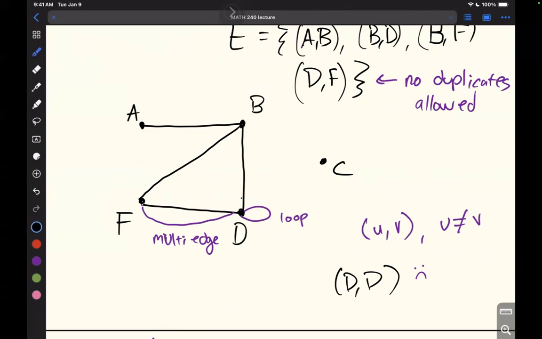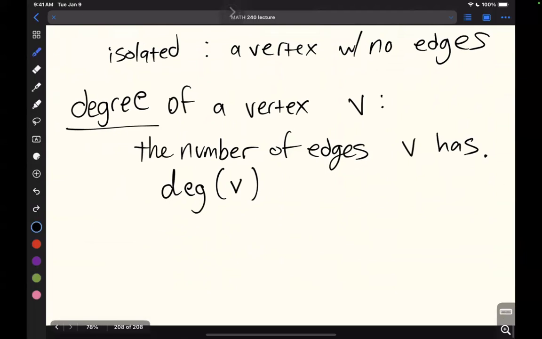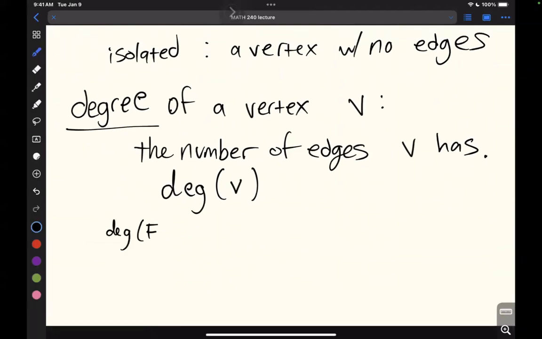So that would be 1, 2, 3, 4, 5. What's the degree of F, assuming the purple stuff does not exist? 2. Great, you got it. All right, that's degree. And so we write the degree of the vertex in question is equal to 2.